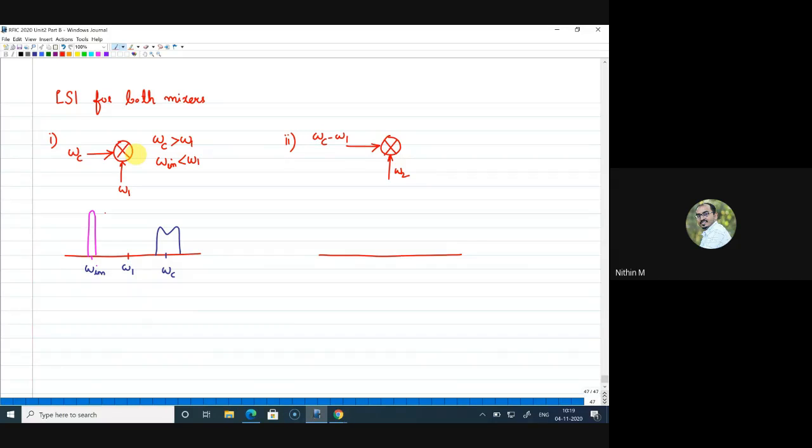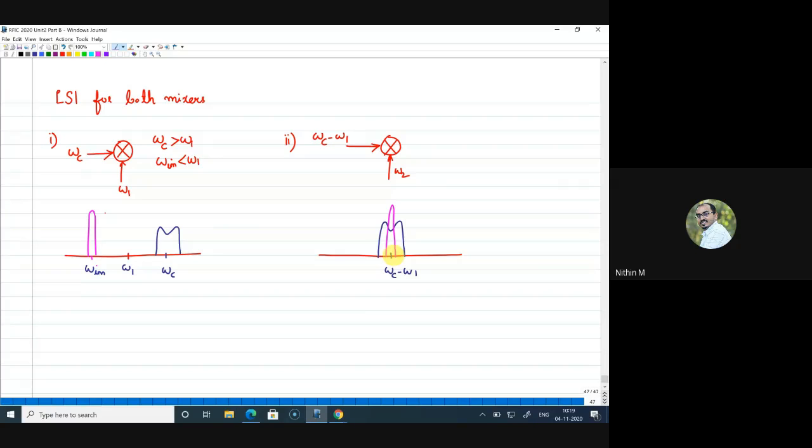So at the input of the second mixer, I have a signal component at omega C minus omega 1, which I'll mark as the desired signal. On top of that, I have the image also.